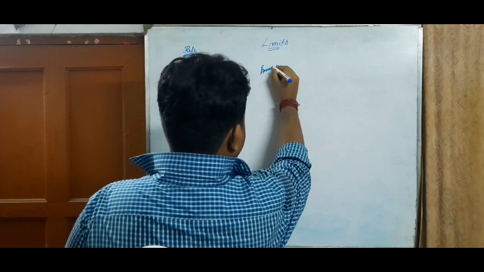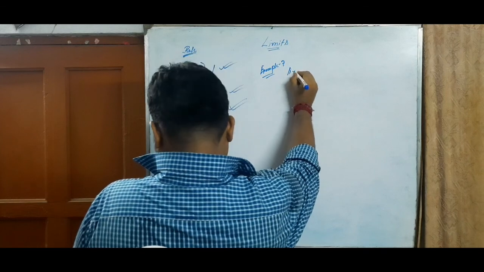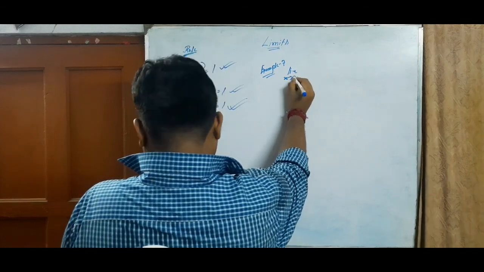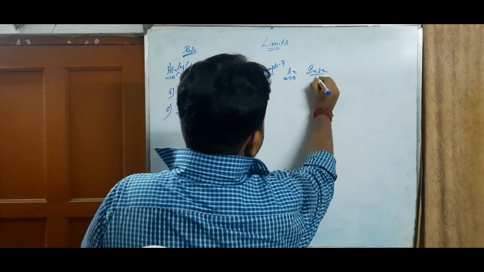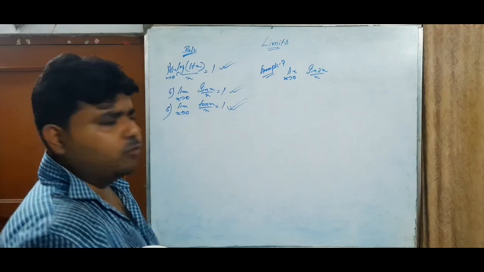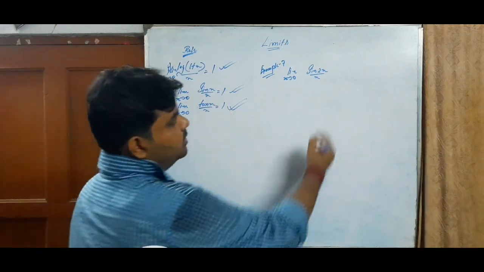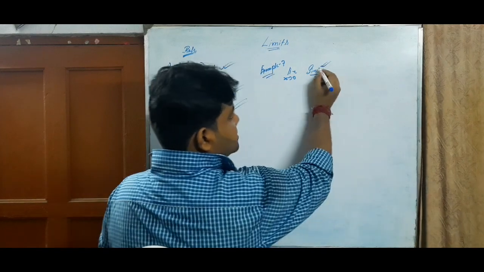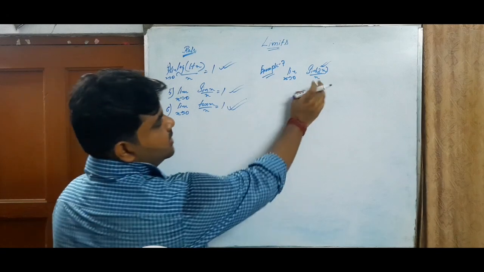Example 7. Limit x tends to 0, sine of 2x by x. Now we know the formula, or the rule or the theorem, whatever you may say: sin x by x equals 1. Here this is basically the angle, sine of 2x by x.